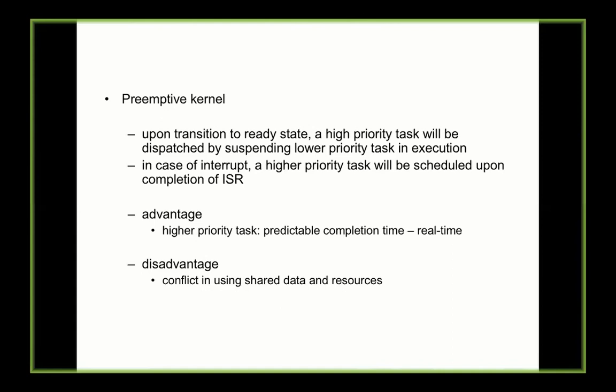Based on the priority, it is the kernel which will decide which is the next task to run. So the importance of the kernel in relinquishing the next task becomes very vital. It means in a preemptive kernel, the execution of the task is determined by the kernel. In the non-preemptive, it is done by the application.